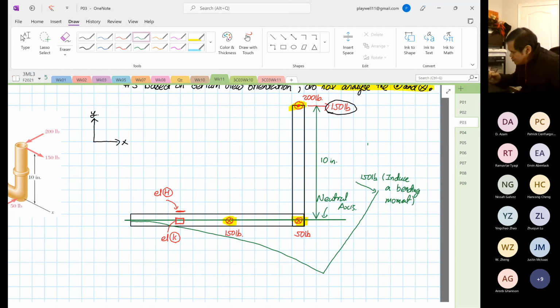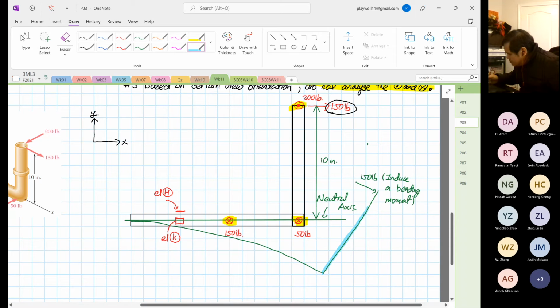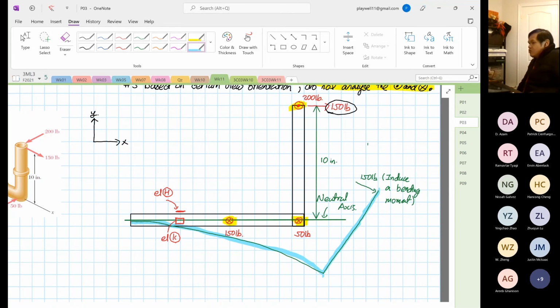You will ask me, Eugene, why this section is straight, whereas this section over here is bent. Can anyone tell me why? I'm not drawing this because that is the way I like to draw it. No, it's a fact when you bend it, it's going to look like that. Any idea why, anyone?